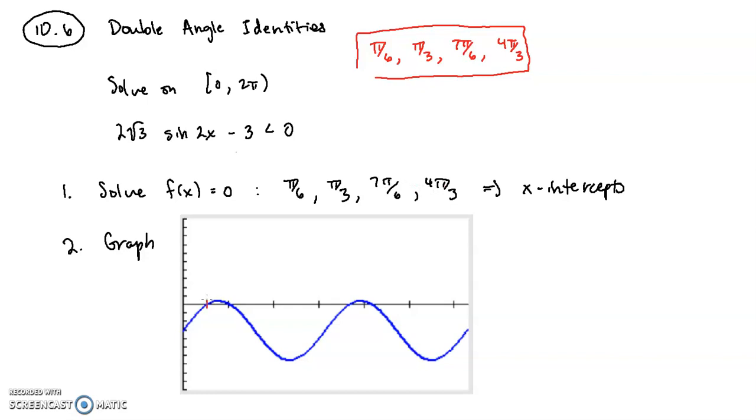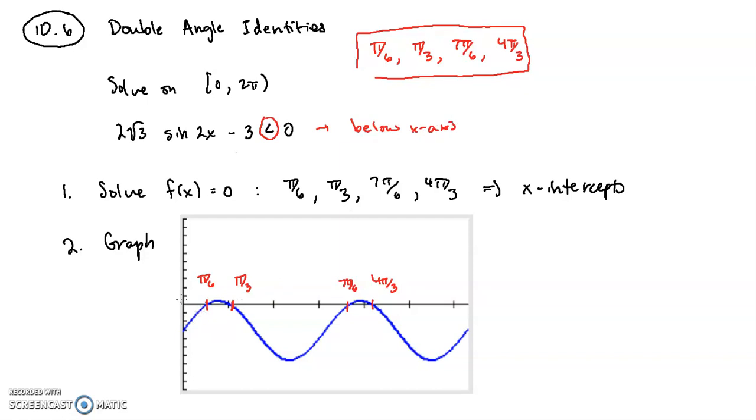Okay, so we have pi over 6, pi over 3, 7 pi over 6, and 4 pi over 3. Okay, so we want to know where we are strictly less than, so that would be below the x-axis.